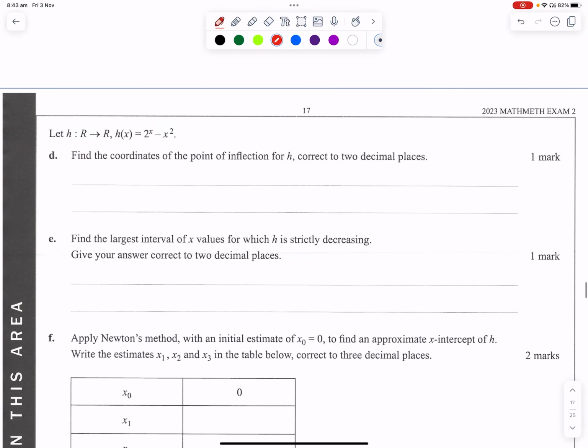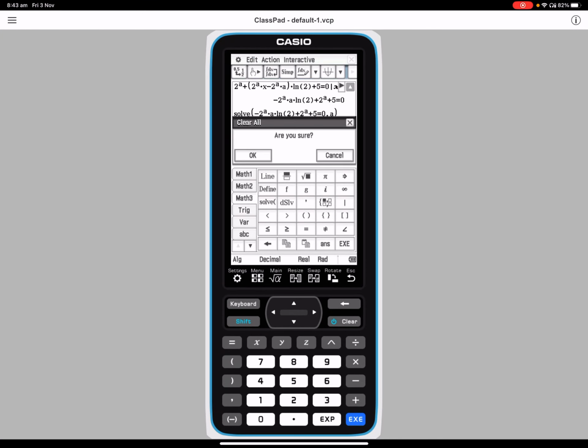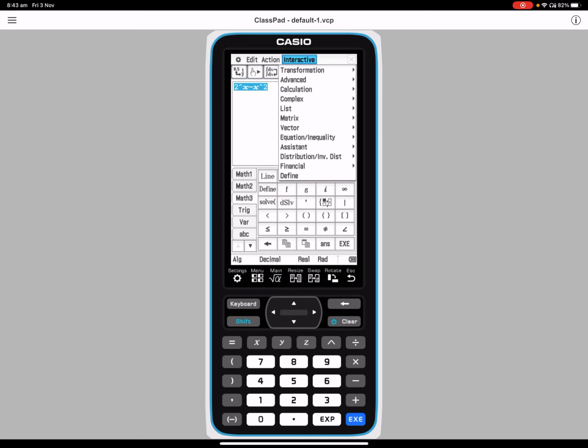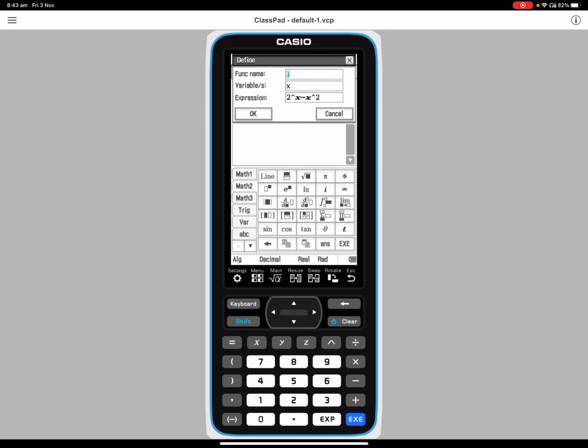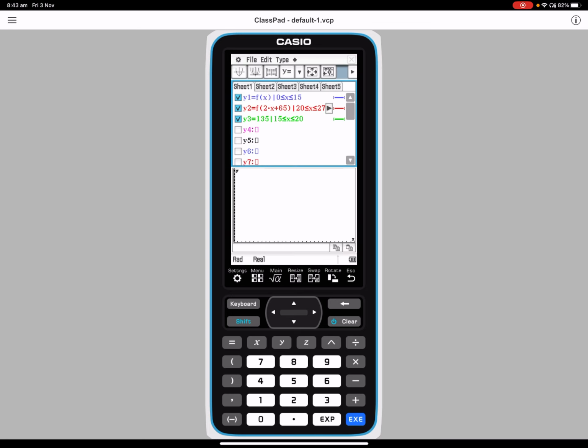Okay, find the coordinates of the point of inflection for h, 2 to the x minus x squared. So I'm just going to call that f of x. We're probably going to need some of that. 2 to the x minus x squared. Define it as f of x. Okay, go in and sketch it.